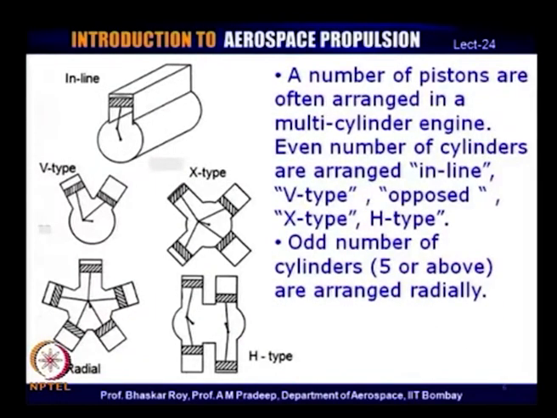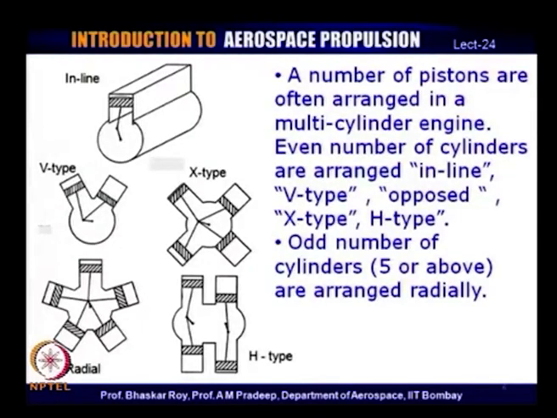Let us take a quick look again at some of the arrangements that are quite often used in various kinds of aircraft engines, which often tend to be multi-cylinder engines. As we have seen, the multi-cylinder is often arrived at by putting together the total amount of work that is necessary to drive the propeller, which of course creates a thrust that flies the aircraft.